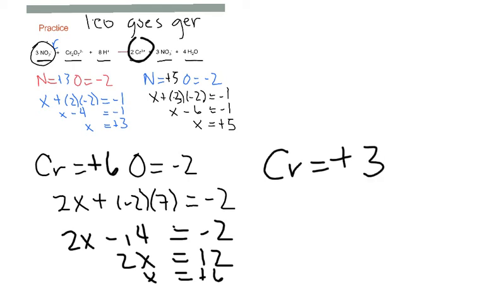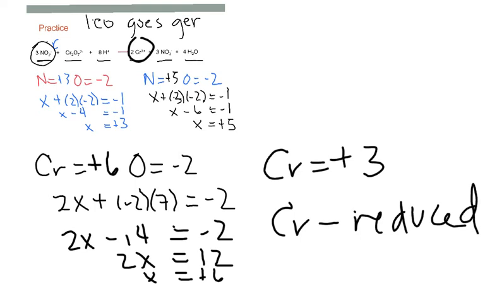So we can see that chromium gained electrons because it became less positive. So we know that chromium is reduced.